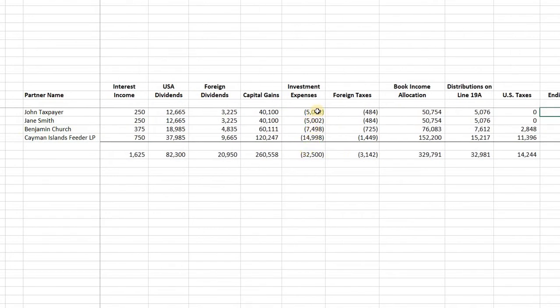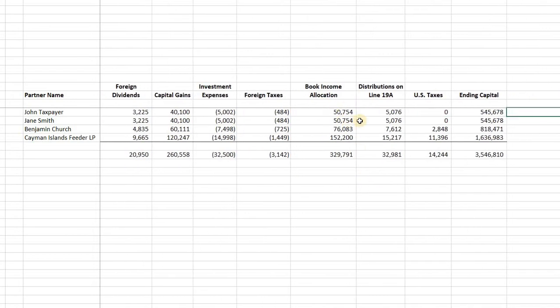There's the investment management fees being allocated to each person, the amount of foreign taxes withheld from the Swiss entities, those Swiss withholding taxes. We'll see this is the total amount of book income being allocated. And then the distributions to each partner, remember, was going to be 10% of the book income allocated to each partner during the year.